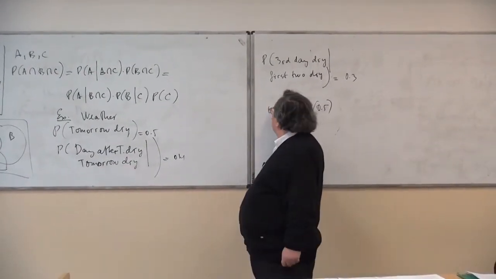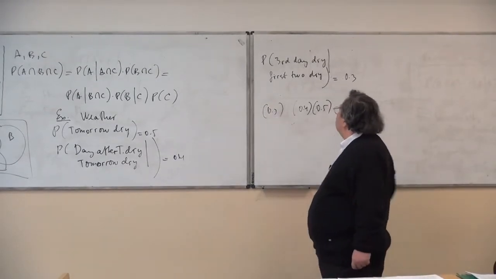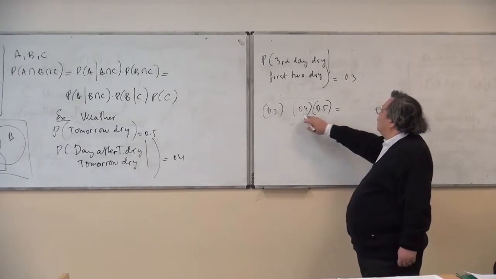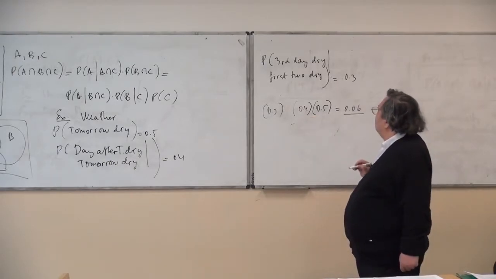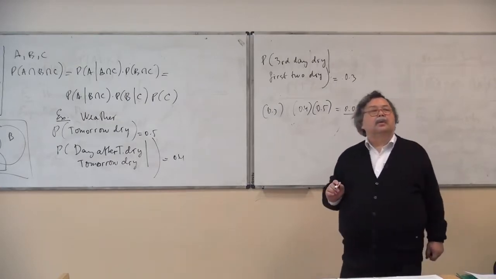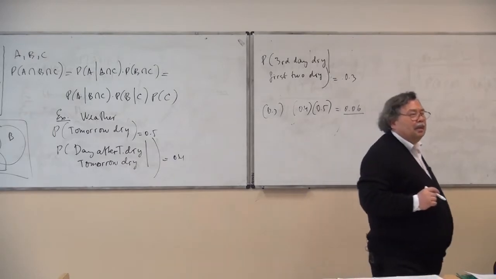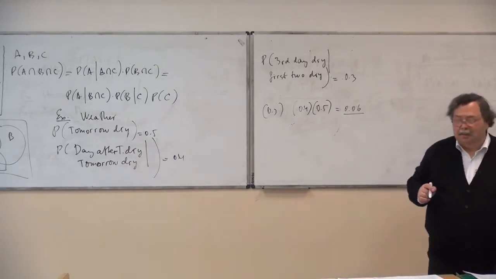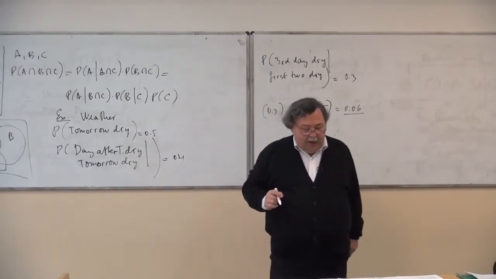And this is 0.3. Okay, and what is this probability? I think it's, is that correct? Well, I think yes, it is. So it's my mental computation. All right, which is not very good.